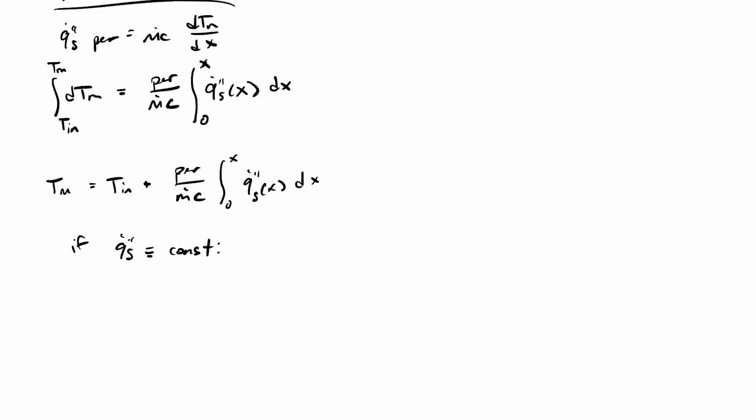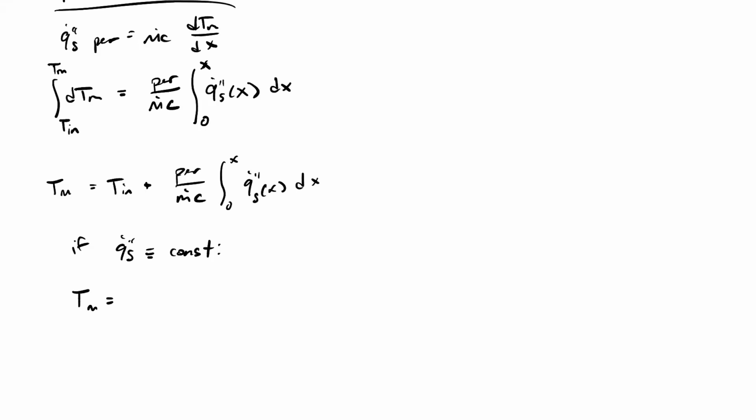Tm is equal to Tin plus perimeter over m dot c times q dot double prime s times x, right? Pretty obvious. But this is maybe somewhat interesting in that we have this linear relationship between the position x and the temperature.